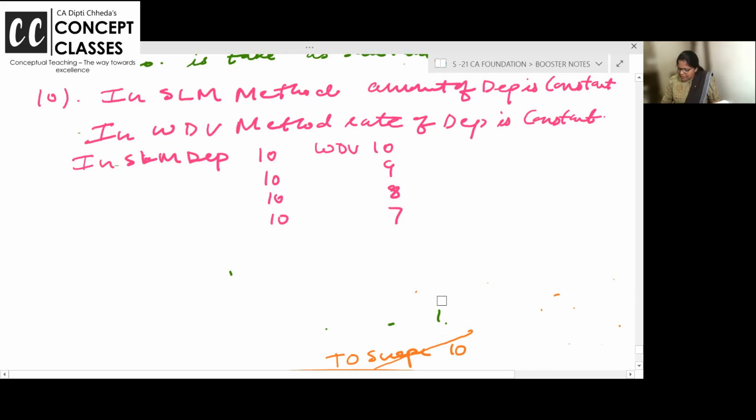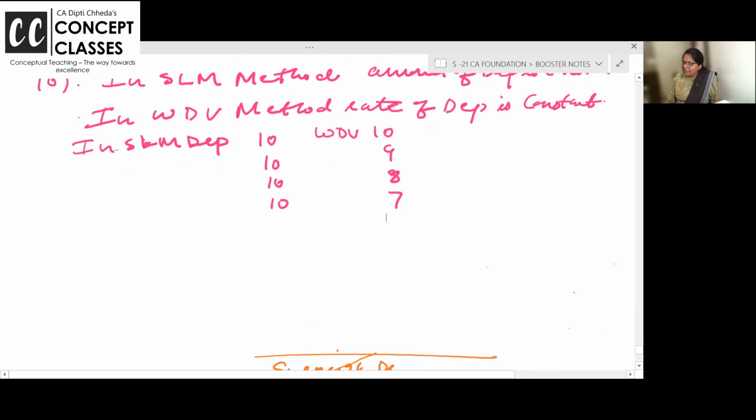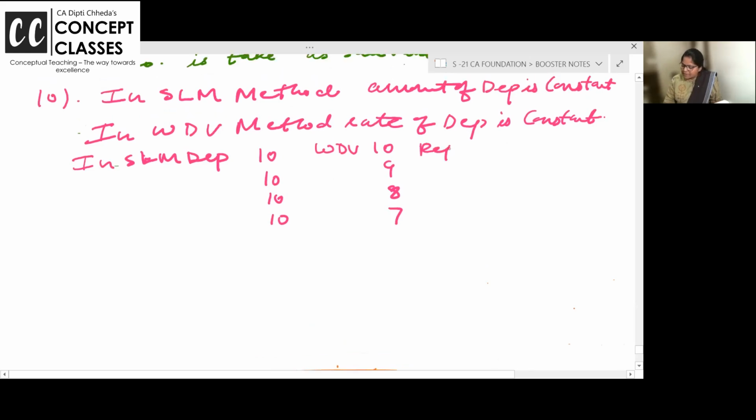If you ask anyone about SLM depreciation, who is going to estimate the sales value after 5 years and this and that? So in SLM this, and in WDV this, and repairs will be like this: 1, 2, 3, 4, 5.